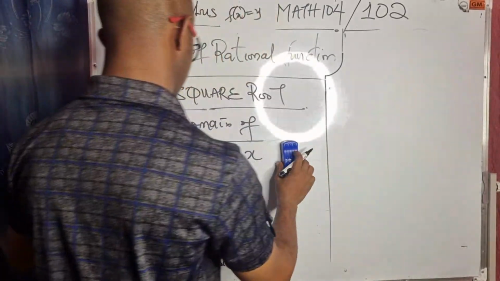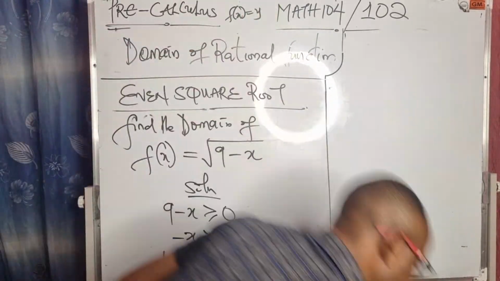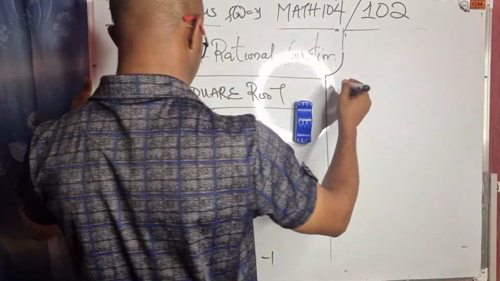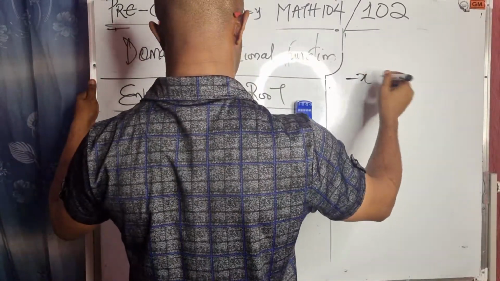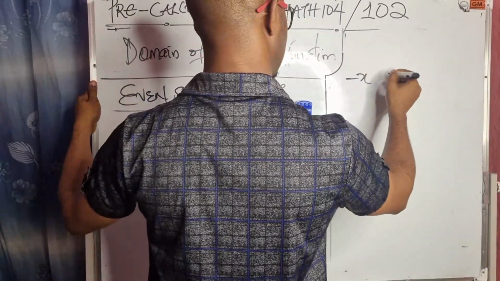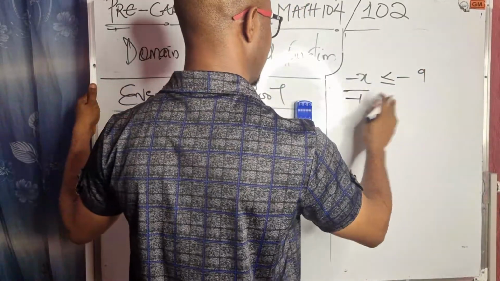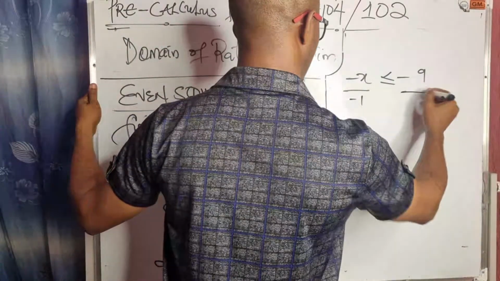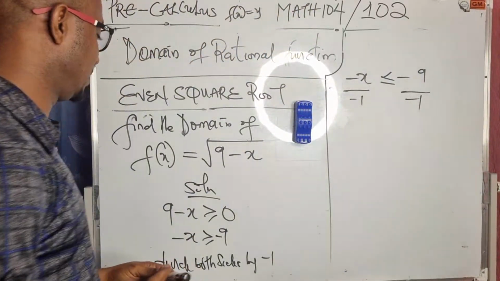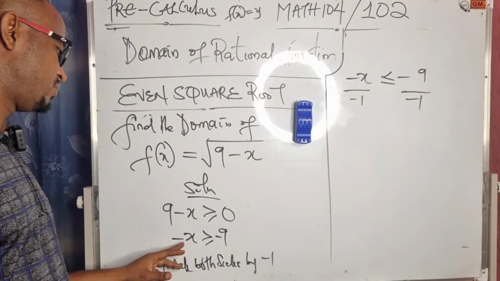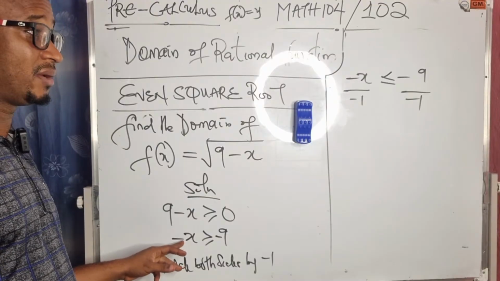So here becomes minus x is less than or equals to minus 9 divided by minus 1. The reason why we are doing that is because we are dividing both sides by minus 1.